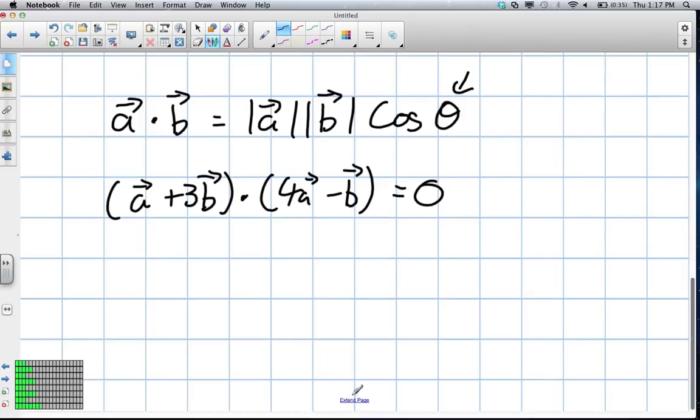So we're going to try working them out here. Now, this is the distributive property. Hopefully you remember this from maybe grade 10 or 11. They also call it FOIL or the rainbow method.